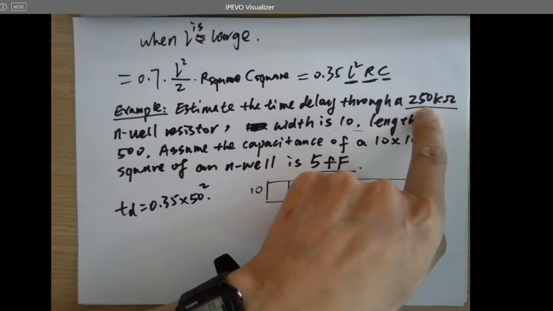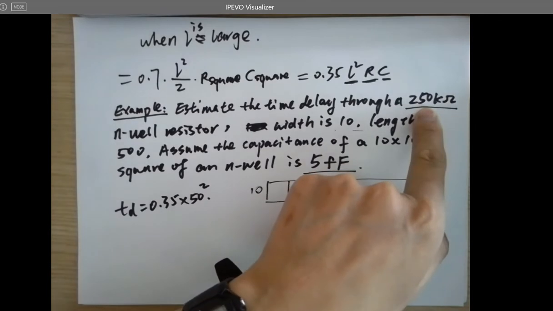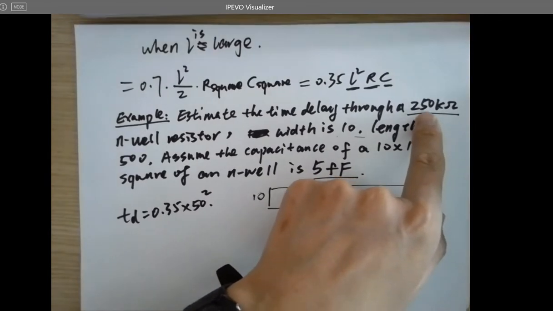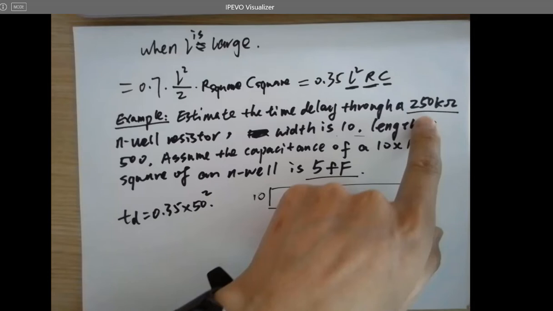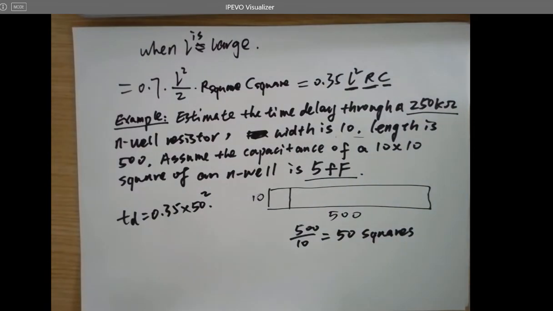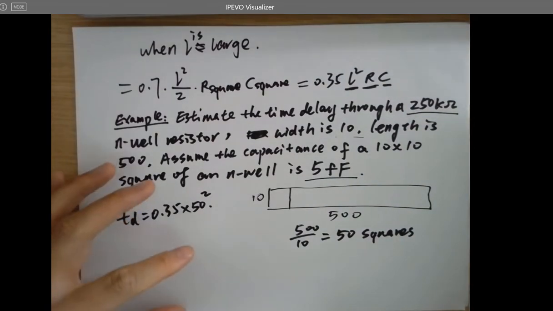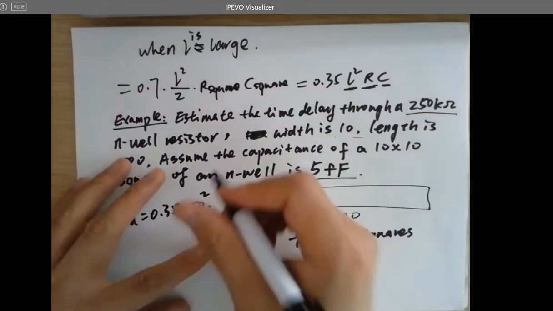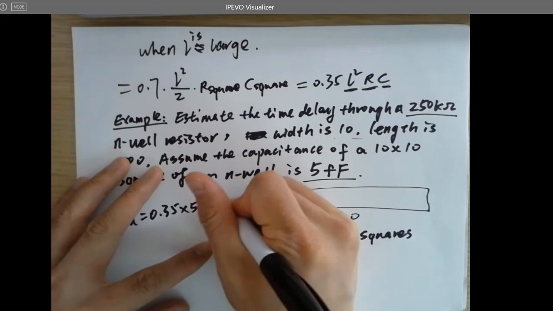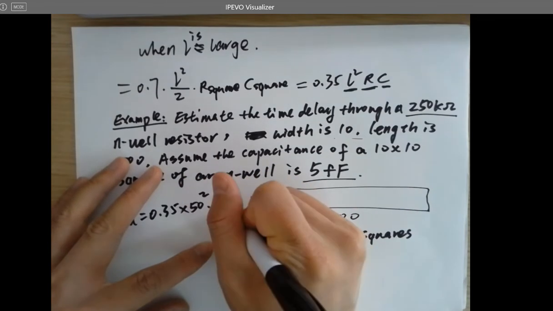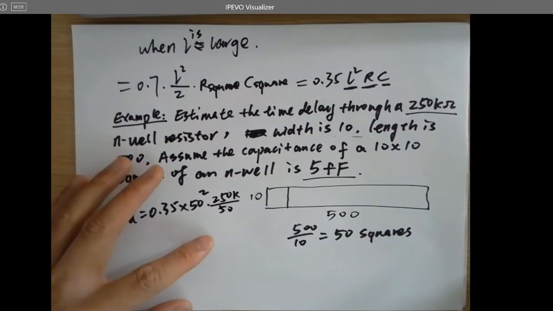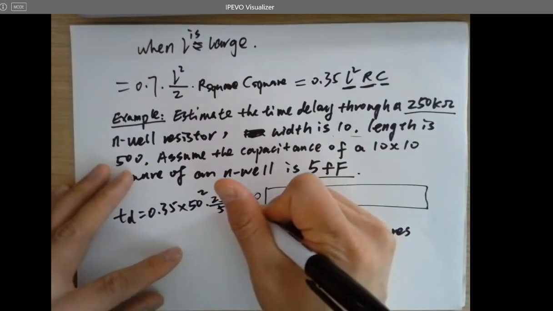So 250 kilo ohms for the overall resistance, and there are 50 squares. So it's going to be 250 kilo over 50 squares times C square.